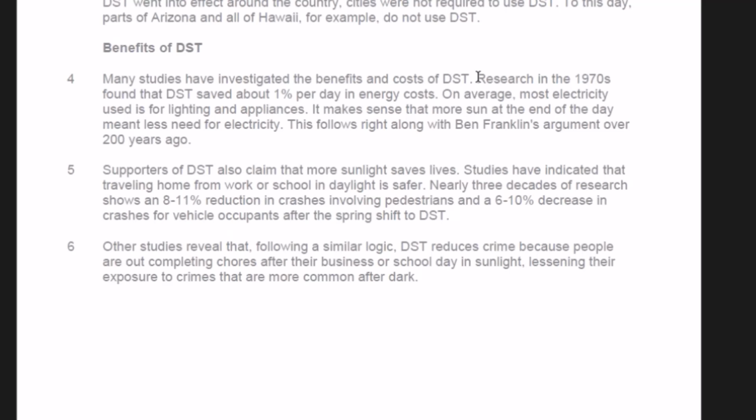So what draws my attention to this piece of evidence is the fact that it says research. Research says that there's some type of scientific background involved from the 1970s. So it's kind of old research. But then it says that it found that DST saved about 1% per day in energy costs.